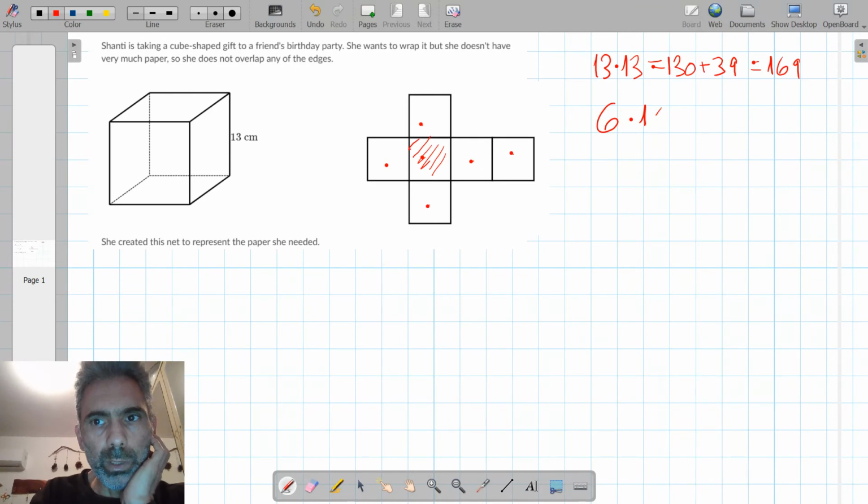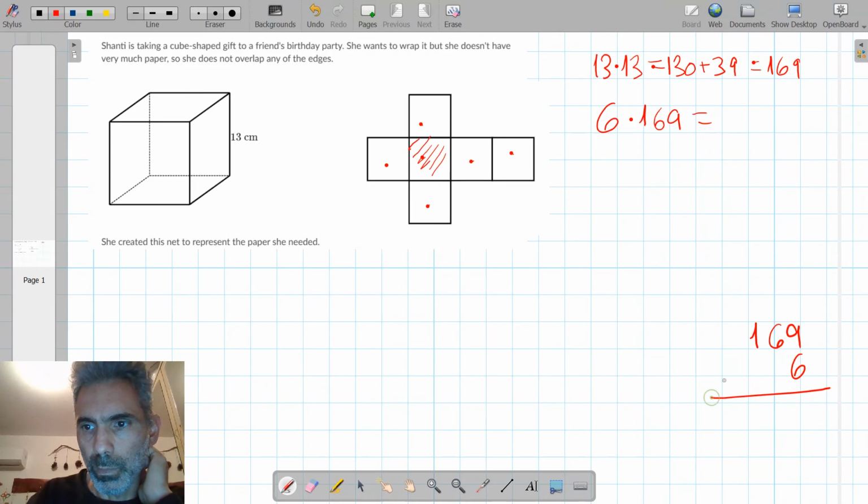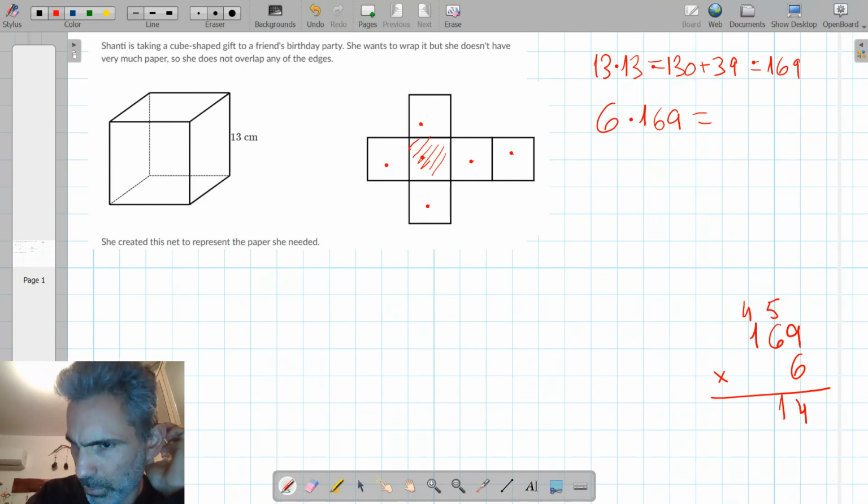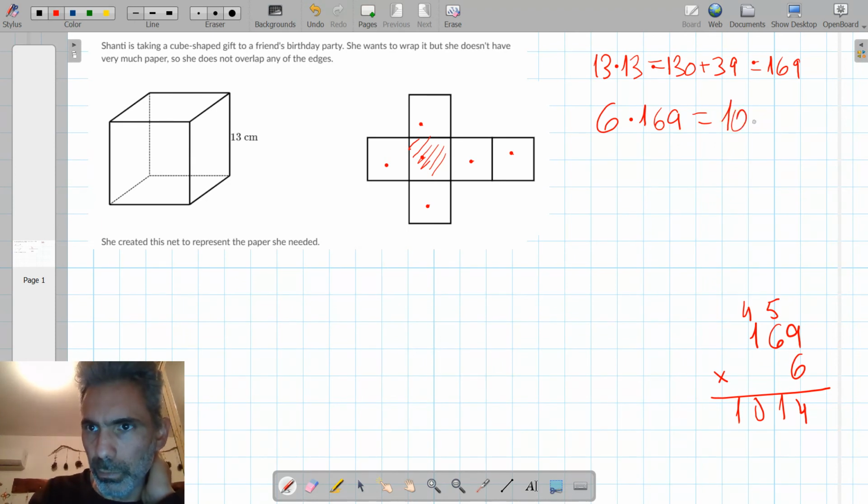So 6 times 169. 6 times 9 is 54, 6 times 6 is 36, plus 5 is 41, 6 times 1 is 6, plus 4 is 10. So in total, we have an area of 1014.